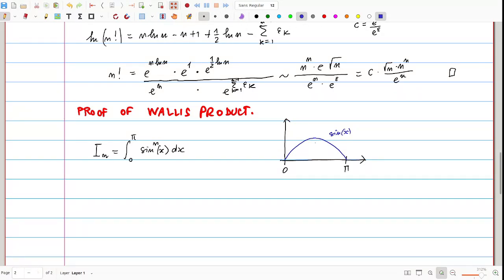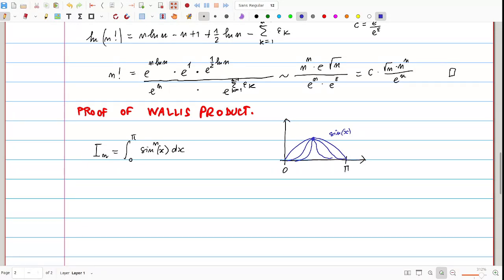So sine squared is something like this, and then sine cubed. All of these are positive because in this interval the sine function is positive, and in pi half all these functions are equal to 1, but in every other point they are less than 1.